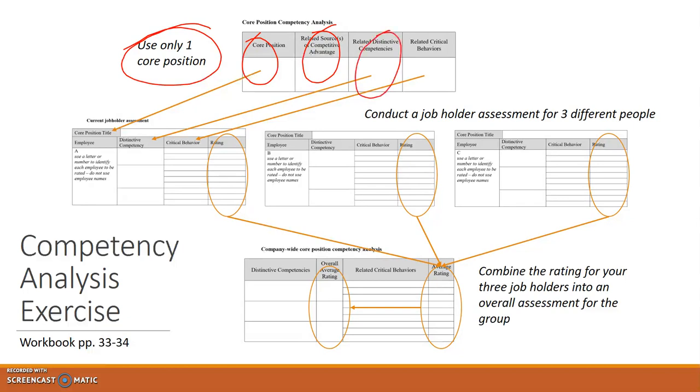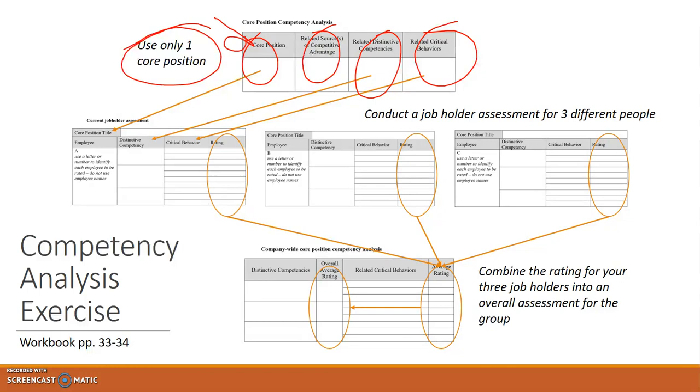The competencies that are related to those sources of competitive advantage go here. Again, that'll come from case study part 1. And your related critical behaviors, again, coming from case study part 1. So the only really new information here as it relates to case study part 2 is your core positions.